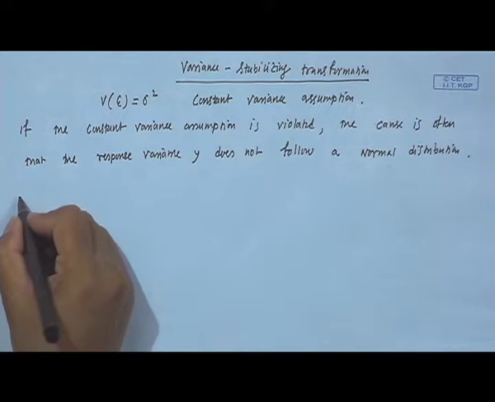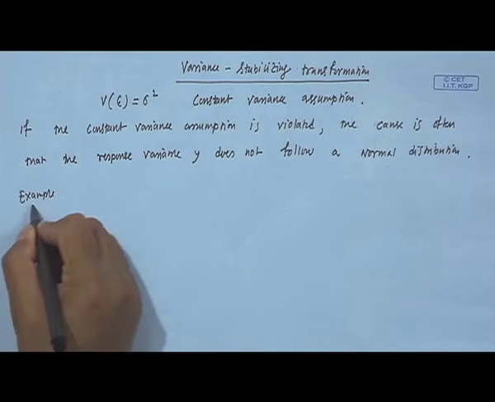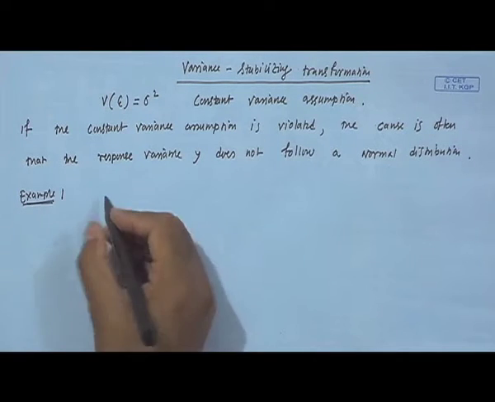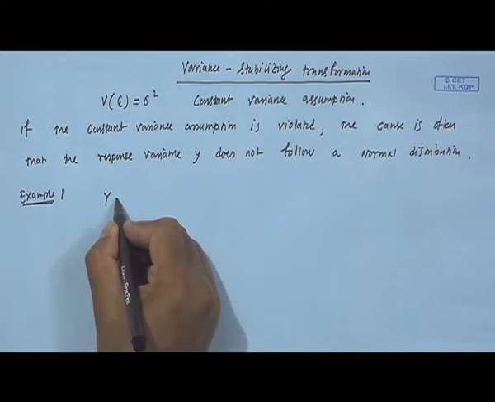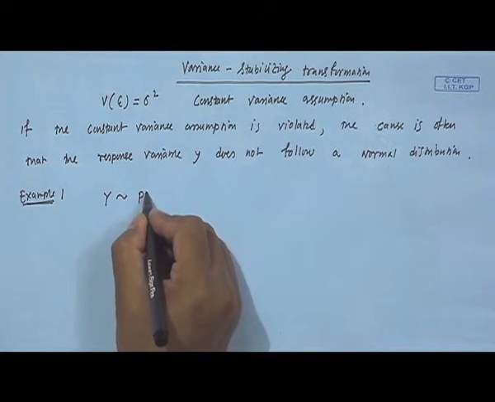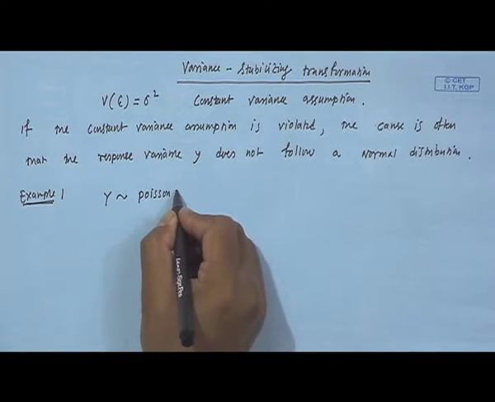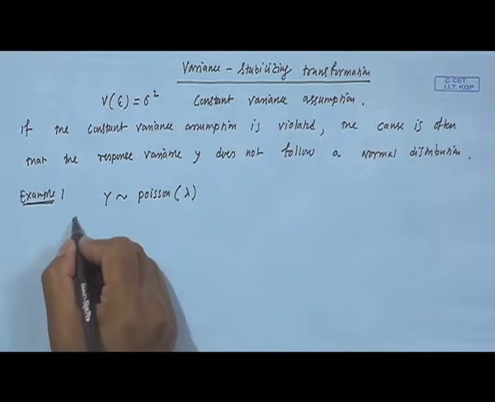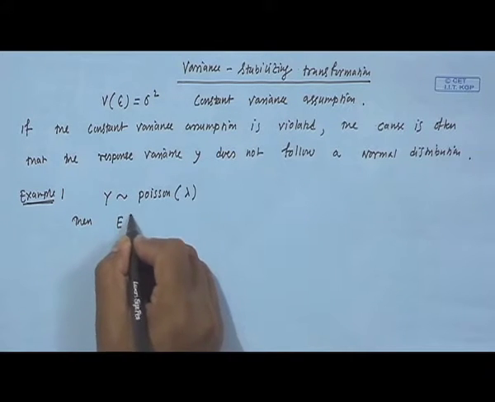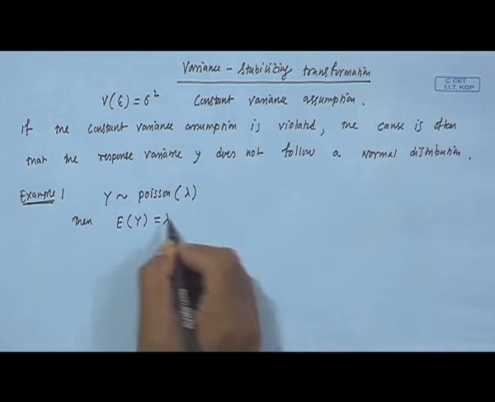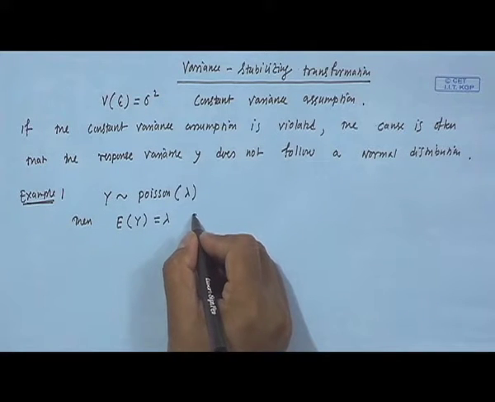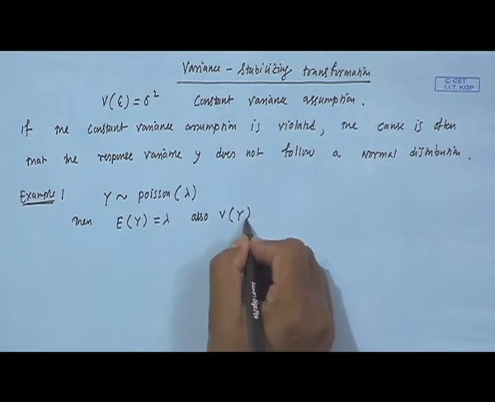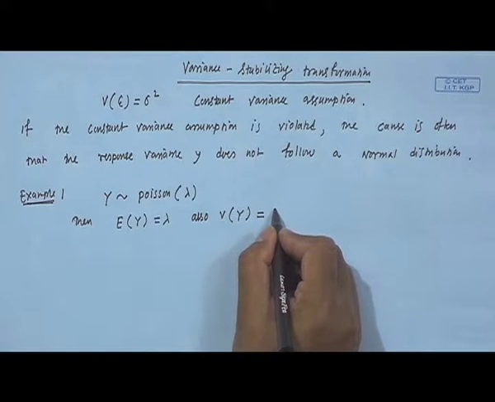Okay, so let me take some example, say example 1. Well, suppose the response variable y follows Poisson distribution with parameter lambda. Then we know that expected value of y is equal to lambda, and also variance of y is lambda.